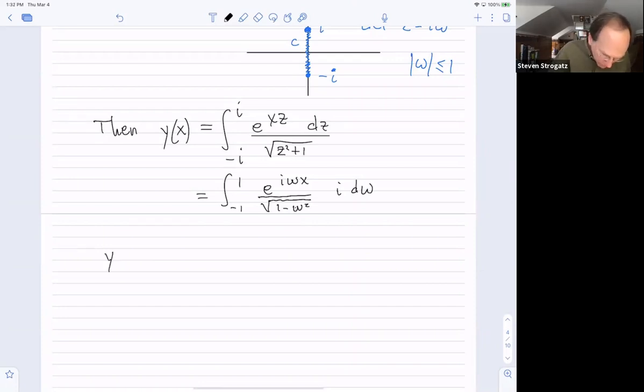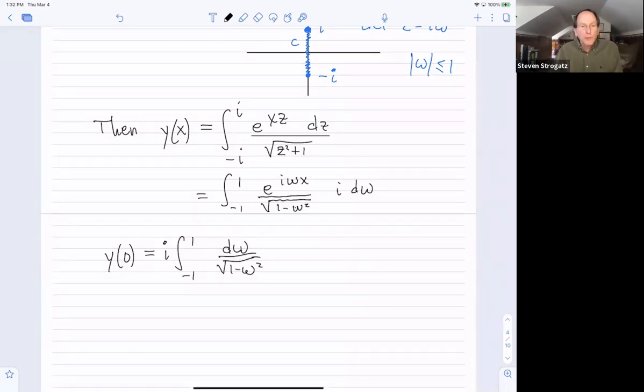And so if you look at y, just plug that in, you'd have the integral from -1 to 1, substituting x equals 0, that exponential just becomes 1. I have an i out front, dw over square root of 1 minus w squared. So that's an integral you would have learned in your first calculus course that involves arc sine. Or you could just do a substitution, w equals sine theta, and you'll get that.